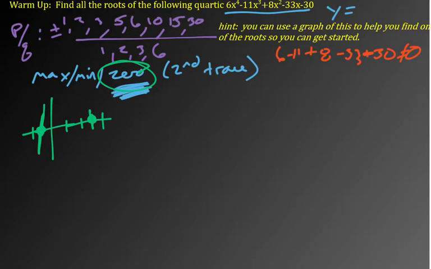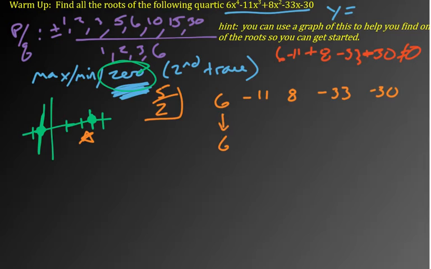So we're just going to use this one. If you do it on your calculator, you're going to get 5 halves as a rational root. And then you have to do synthetic division. So we have 6, -11, 8, -33, -30. Bring that down, and then multiply and add all the way through.